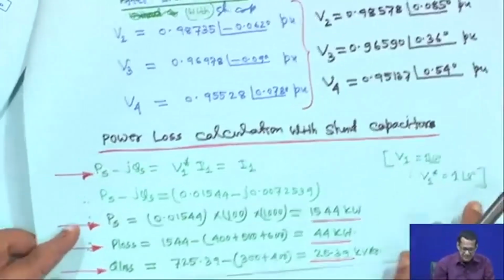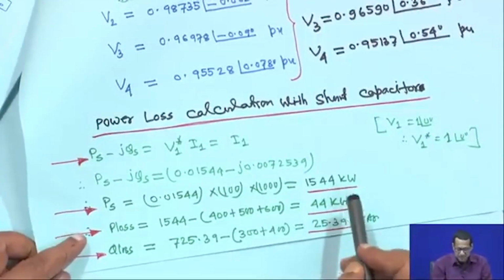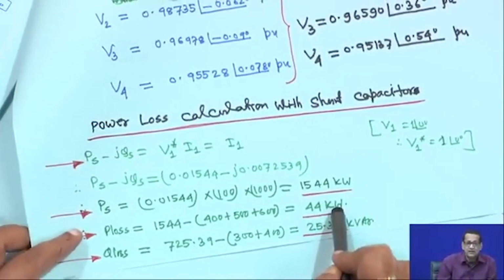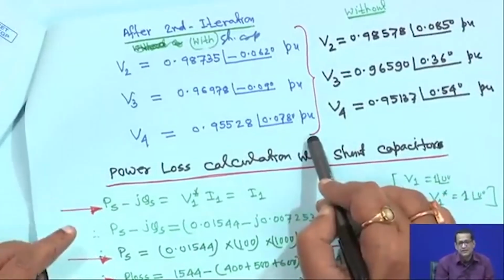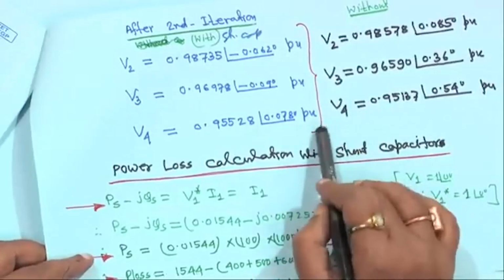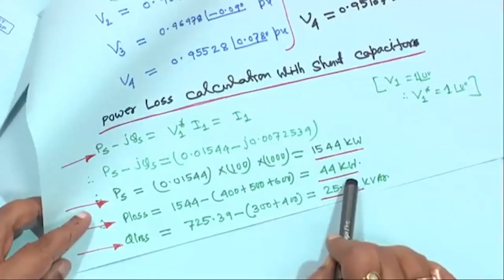No, the basic idea of a shunt capacitor is that its objective is to reduce the power loss; that is the primary objective. The secondary objective is that, though not much, it improves the voltage level. It will not be like a series capacitor, whereas the shunt capacitor actually reduces the power losses in the network.